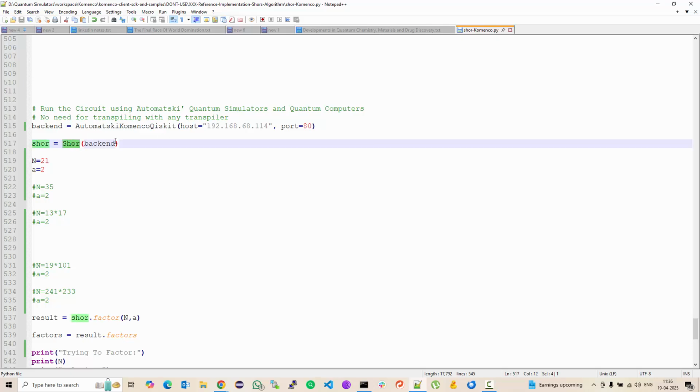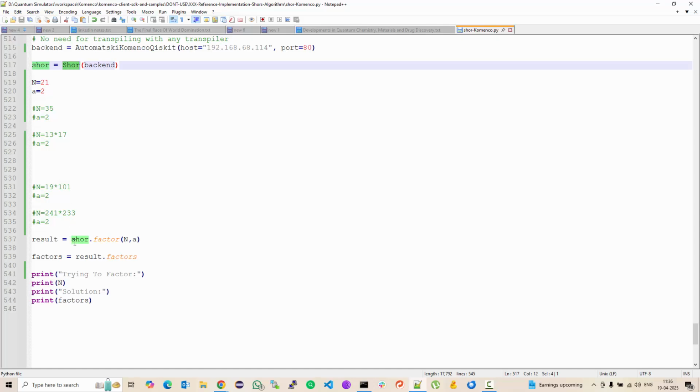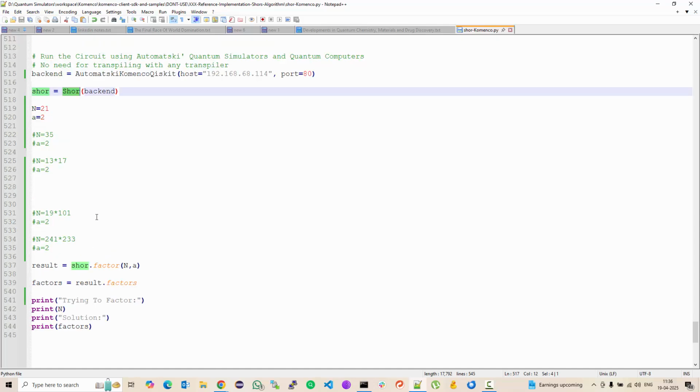Instantiate the Shor's algorithm with the backend, and n is the number we are trying to factor, and a is a parameter used in the circuit. Usually we try with a equal to 2 or 3, 5, 7, etc. And that is used for period finding and continued fractions. And then we actually factor the number and we print the results, which is basically the two factors, to the screen.